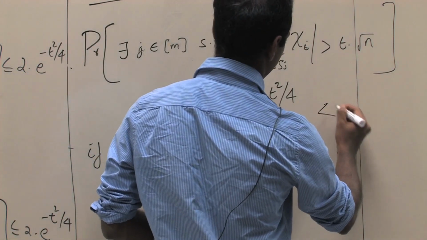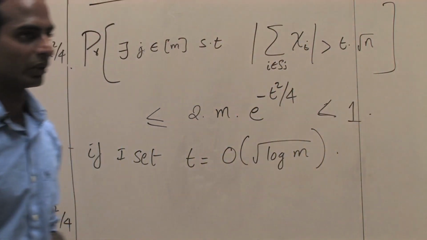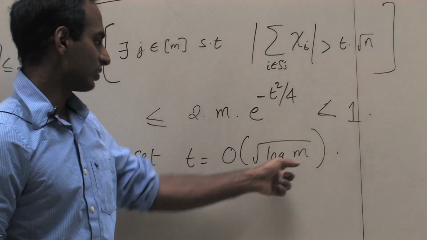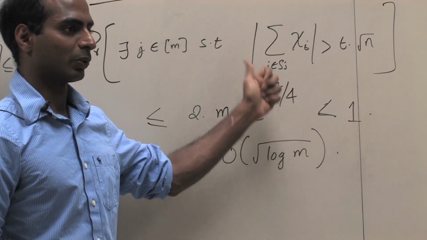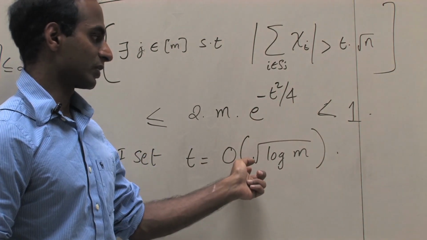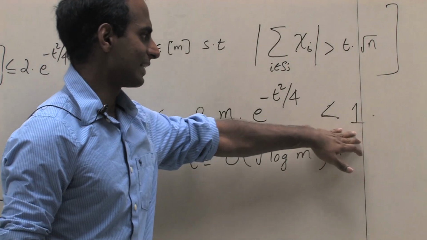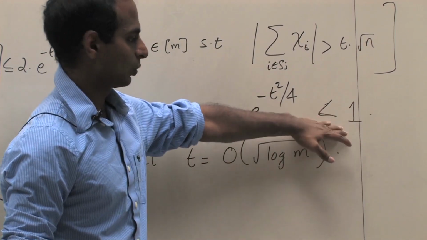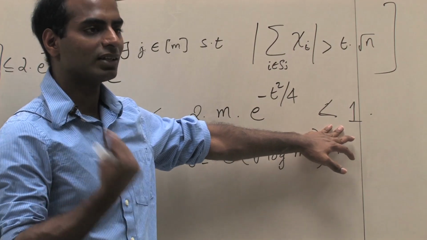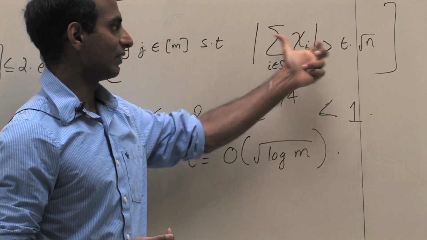This is going to be less than 1, okay, because t squared is log m, and e to the minus log m is going to be 1 over m if I choose a big enough constant here. Okay, so this probability is less than 1, and if the probability is less than 1, it implies there exists at least one coloring where none of these events happen.